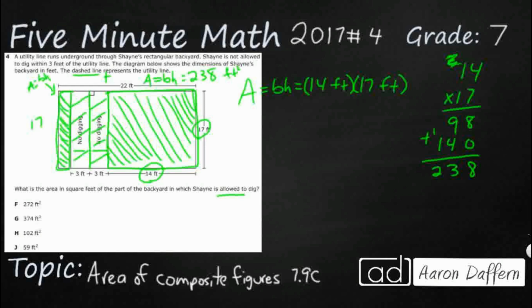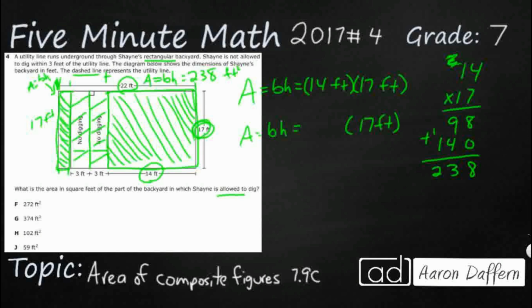Now this little one, well, we know the height is 17. We can at least do that because over on the right side of this rectangular garden, it's a rectangle, so one height on the right side is going to be the same as this. So area equals base times height. I know it's going to be 17 feet, but the base is a little bit tricky. I don't have any measurement at the top or bottom of my base, but I do have this really big 22 that goes over the entire backyard.